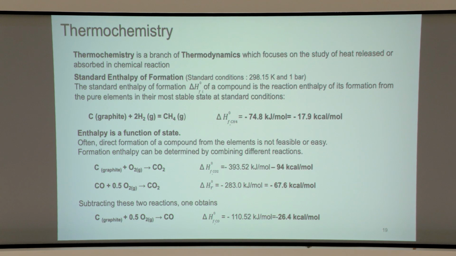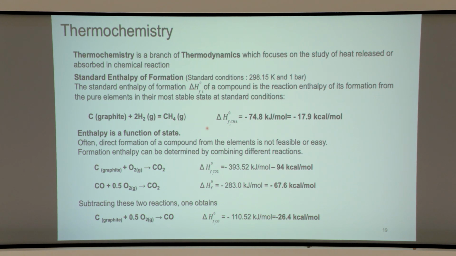We define the standard enthalpy of formation of a molecule by taking a molecule and producing it from its elements. So this molecule, methane, the heat of formation of methane is based on the reaction to make methane from its elements, and it's made from carbon, graphite, and hydrogen.